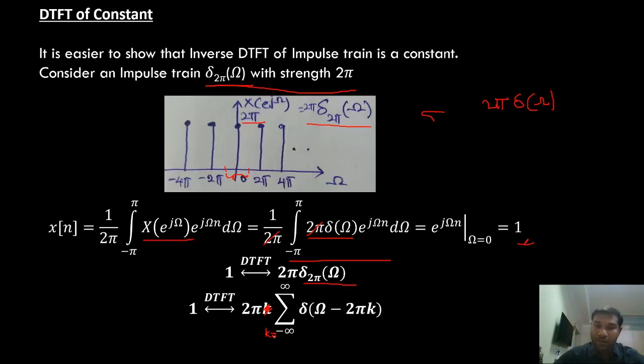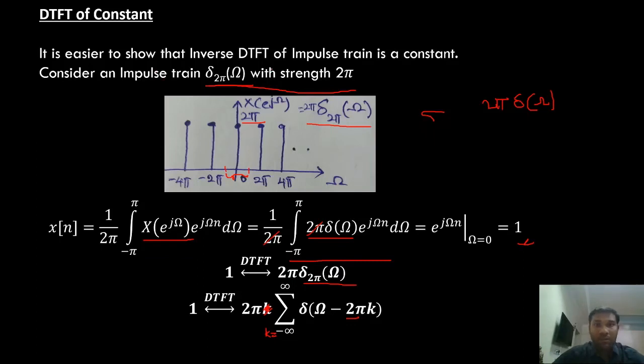If you substitute k from minus infinity to plus infinity, you will get this series of impulses, and they are separated by 2 pi. So this is another form of representation for delta 2 pi of omega. Either one is correct. So this is how we find the DTFT of a constant.